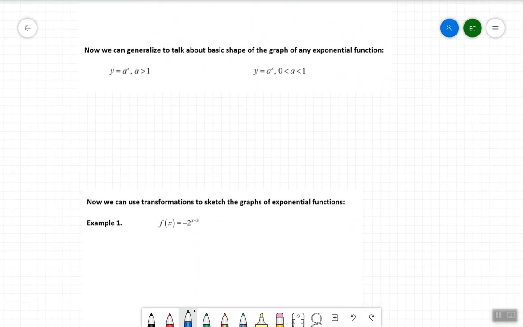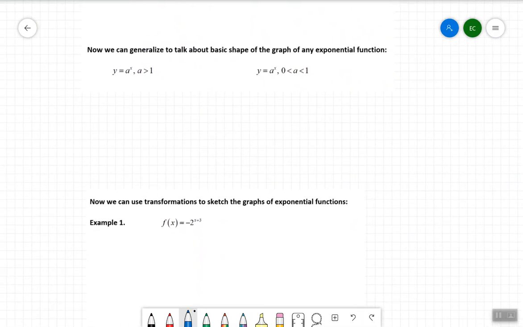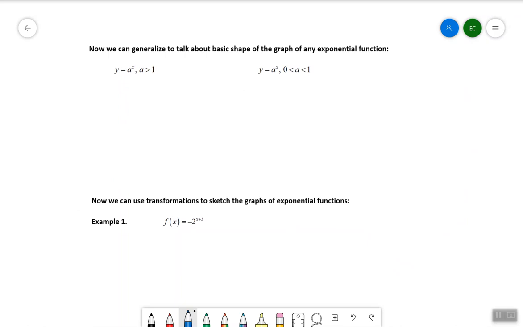We can generalize a little bit if we just want to talk about the basic shape of the graph of any exponential function. So if the base is greater than 1, then we can think of y equals 2 to the x, since 2 is greater than 1. That's a good number to think of.